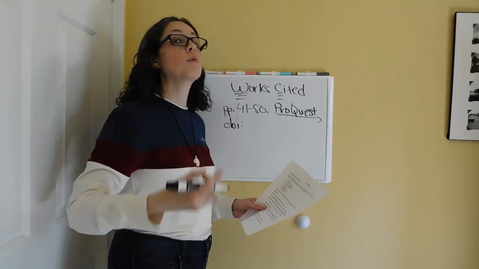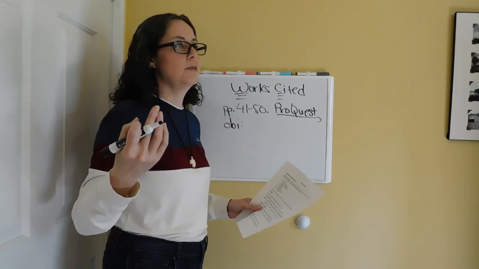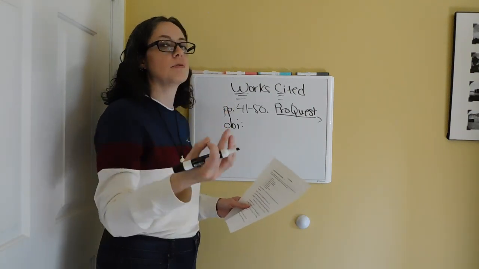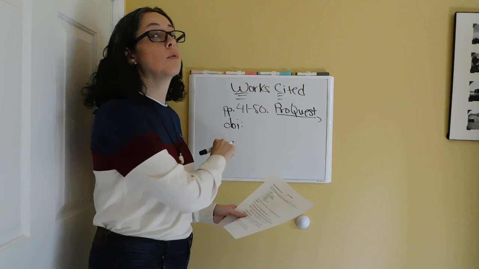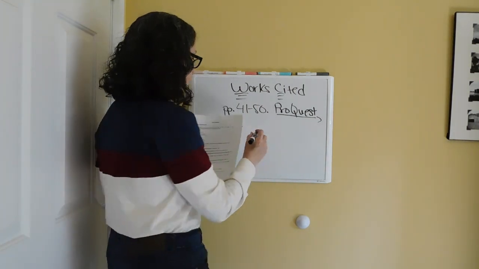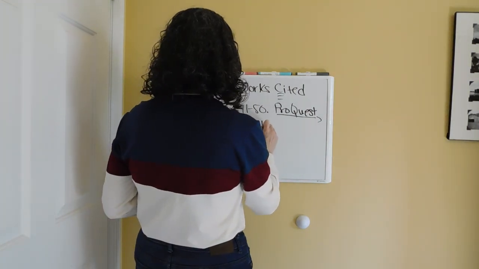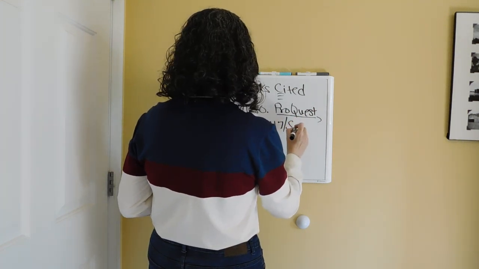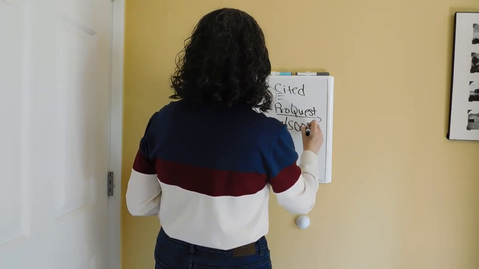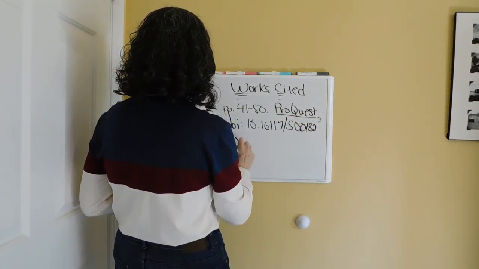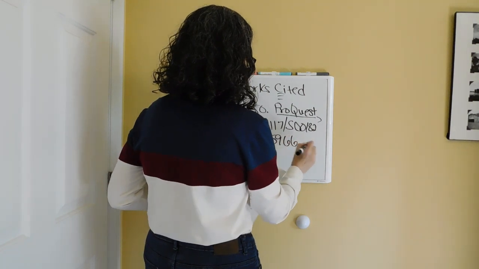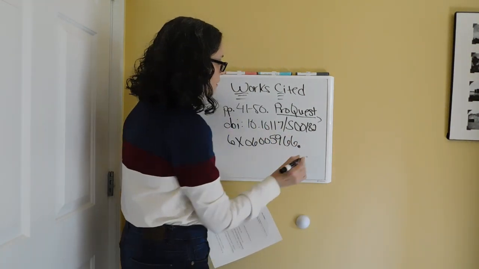In other words, a URL that you can always get to, because databases will generate temporary URLs based on your search that you did. You want the one that's stable. So DOI works, and then it's usually some very long number, sometimes with some letters thrown in. Very long. Don't forget your period at the end.